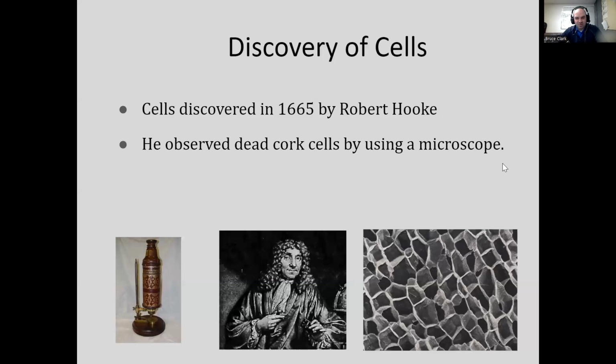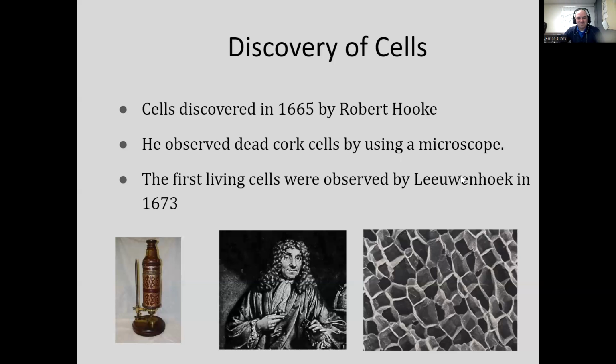He observed dead cork cells by using a microscope. Now, microscope's kind of a loose term. His microscope was that thing over on the left there. But it was new for the time. I think Zacharias Janssen's the guy's name, but Galileo is in there too. Anyway, people were using lenses for magnifying things, and they started looking at a bunch of weird stuff with microscopes.